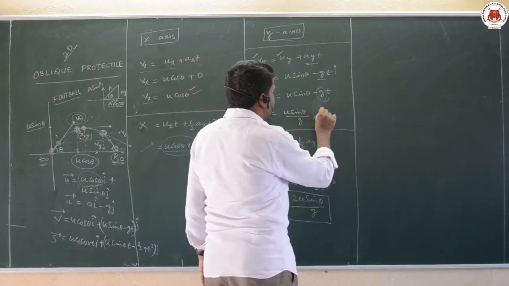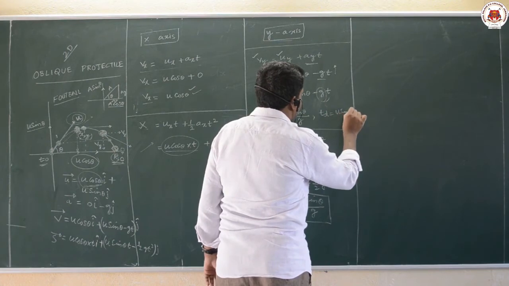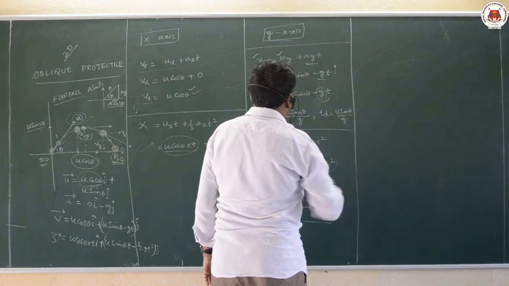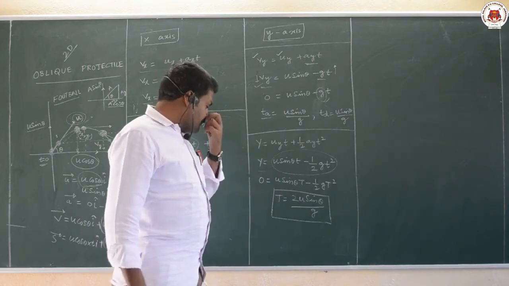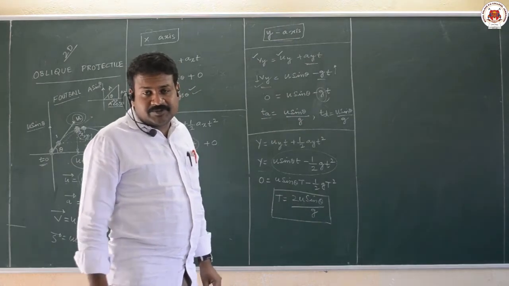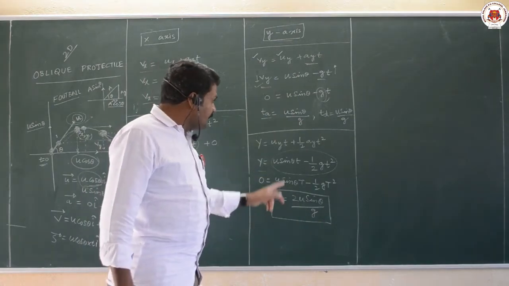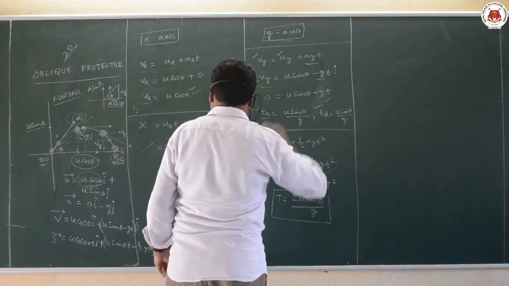From this we can write time of descent is equal to u sin theta by g, and we can prove that time of ascent is equal to time of descent if air friction is neglected.